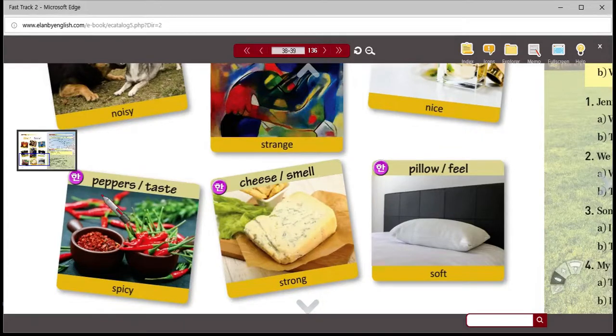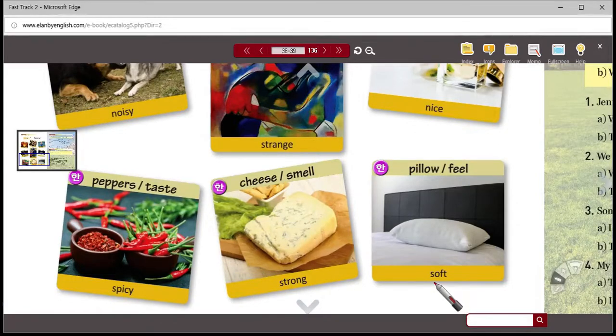How do the peppers taste? They taste spicy. A bit obvious maybe, but peppers usually taste spicy. Next, how does the cheese smell? The cheese smells strong or stinky. And the last one, how do the pillows feel?